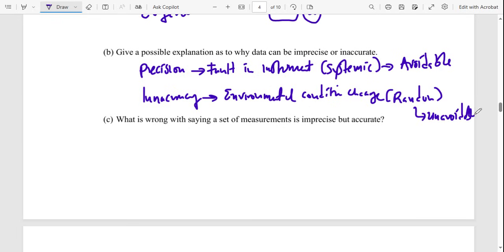What is wrong with saying a set of measurements is imprecise but accurate? I told you this is not possible because every time you are accurate, it means that you are precise. In other words, you can't have the average value being close to the true value, but then the measurements that we are doing were not consistent.